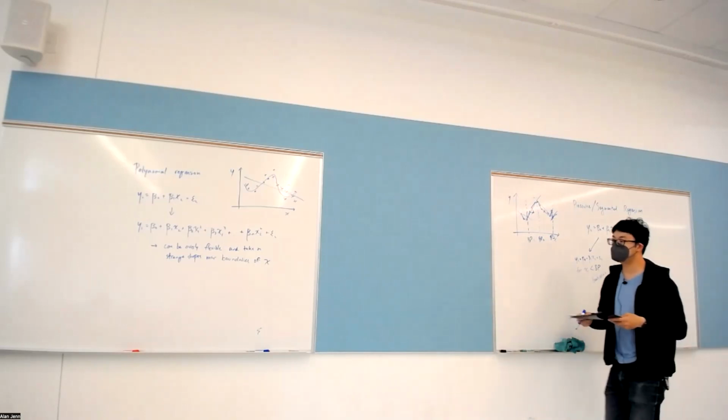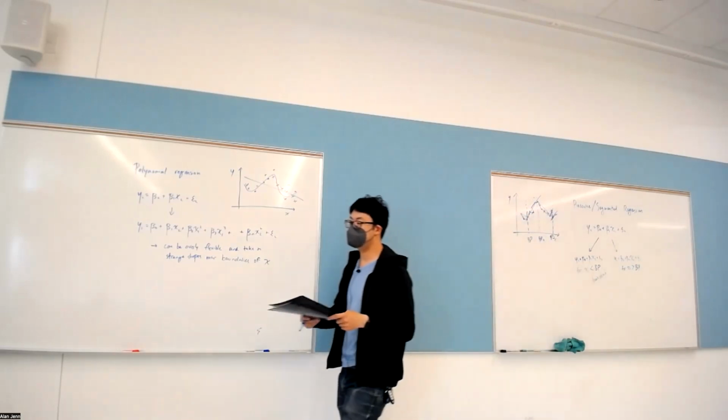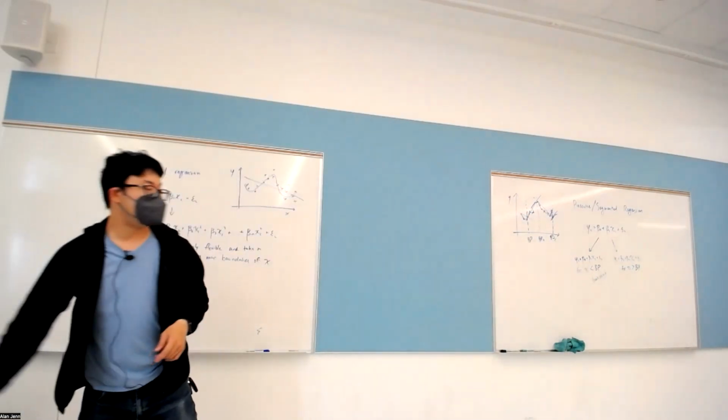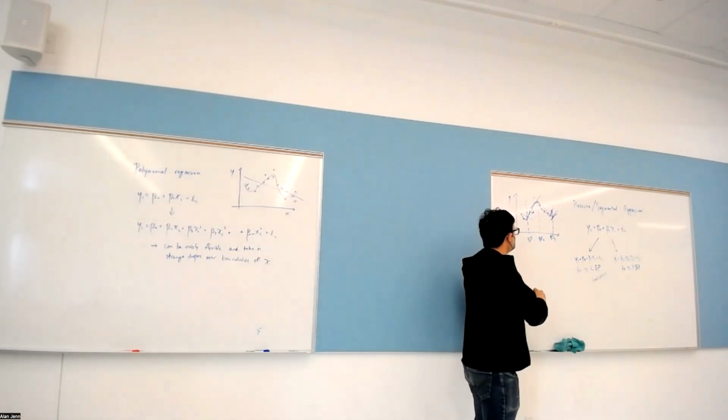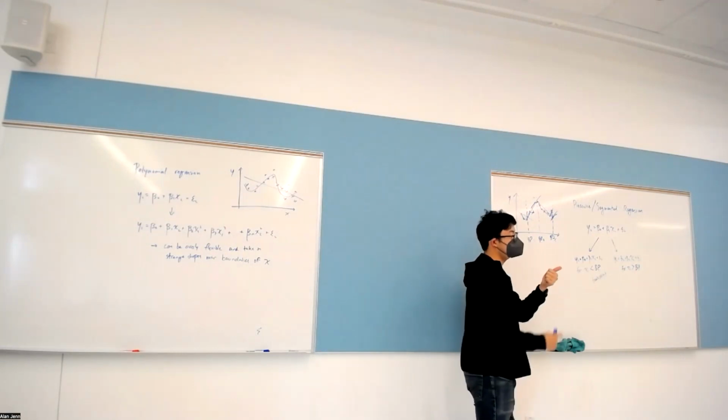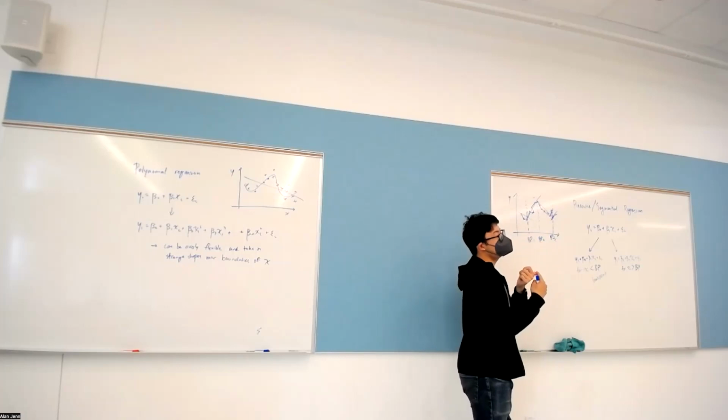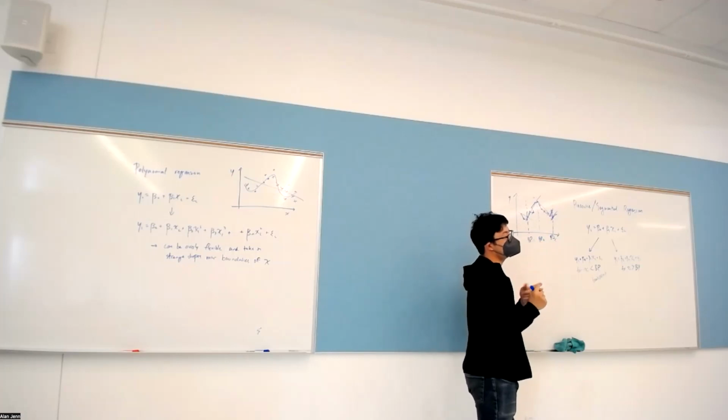Yeah, so two things to think about regarding breakpoints, okay? You need to think about, one, how many breakpoints you should have, and then two, where the breakpoint should be located.